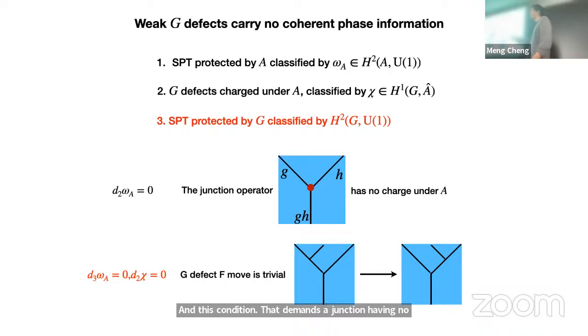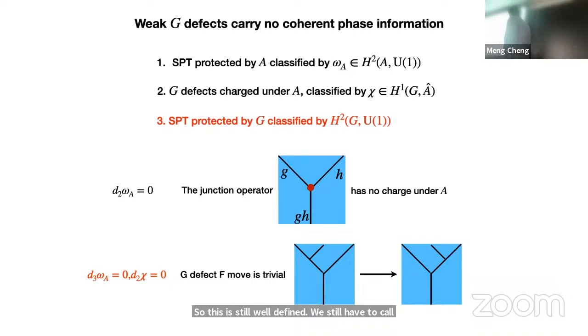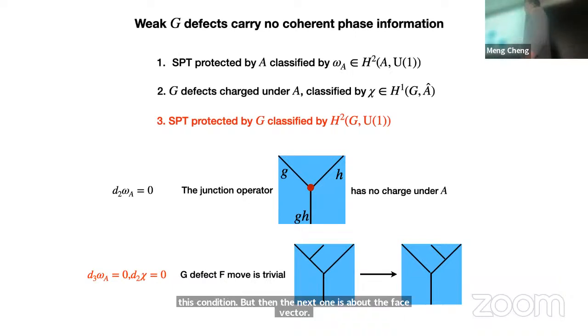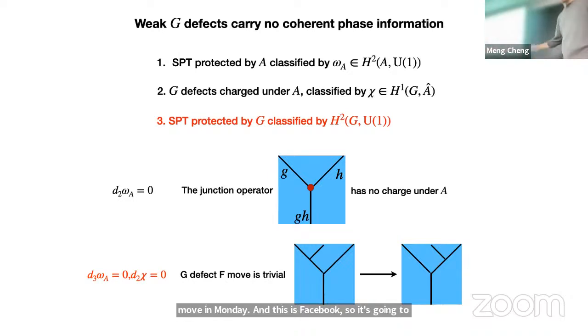So this is still well defined. We still have to impose this condition. But then the next one is about the phase factor in this kind of local deformation of defects. It's the F move in 1D. And this is a phase factor, so we do not have to keep track of it in mixed states. Okay, so all the rest of the things are irrelevant for mixed states.